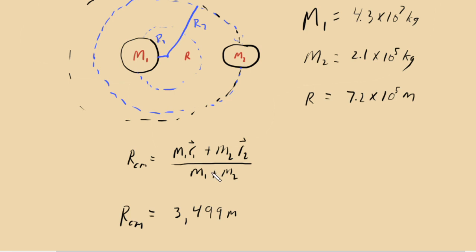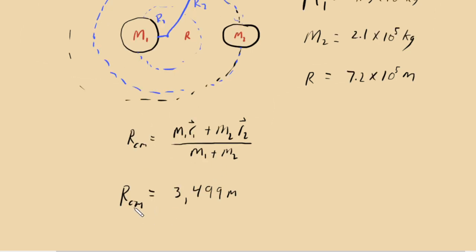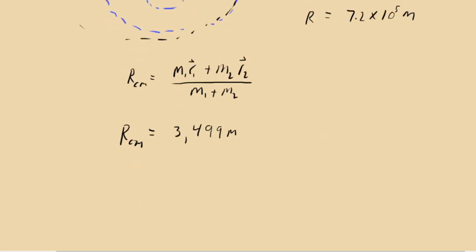And we end up with a radius center of mass of 3,499. And so what that means is, how we define our coordinate system is that this is how far it is from the origin, 0, which is where we located mass 1. We defined it being located at mass 1.